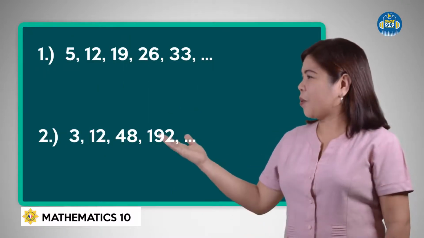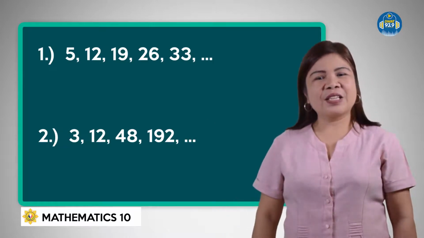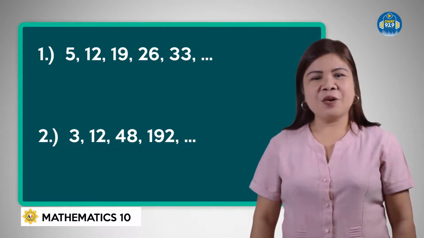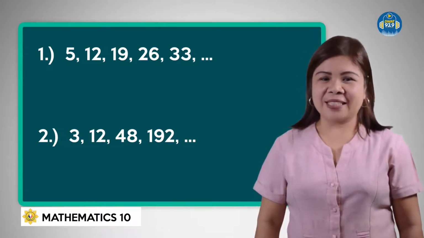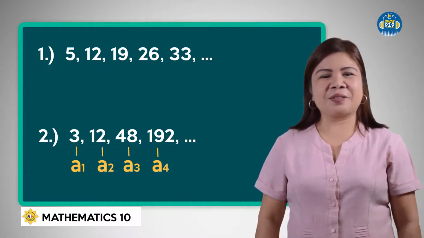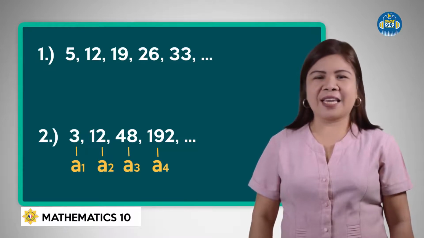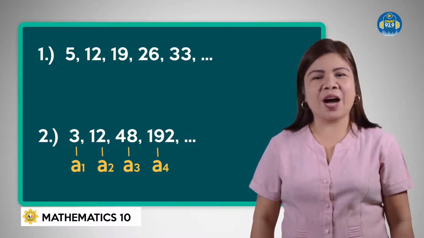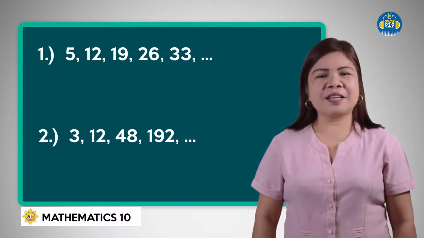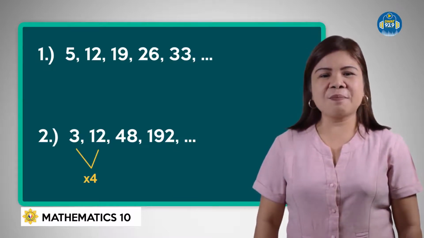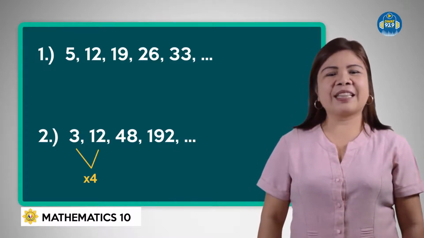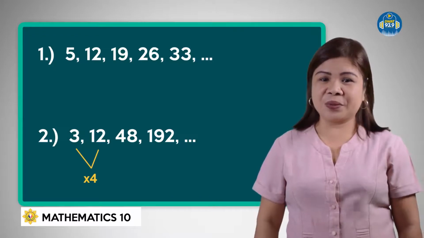In the second sequence, 3, 12, 48, 192, and so on, 3 is the first term, 12 is the second term, 48 is the third term, and so on. The first term, a sub 1, is multiplied by 4 to get the second term, a sub 2.